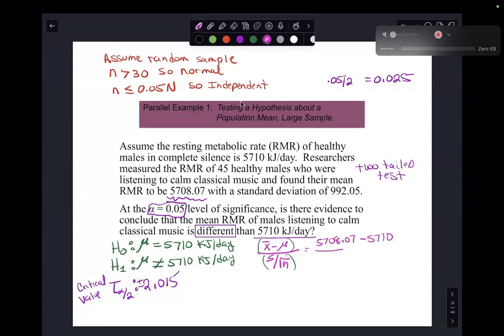You can tell by looking at it that we're going to have a negative z-score, divided by 992.05 divided by the square root of 45. Let's get some parentheses going here.